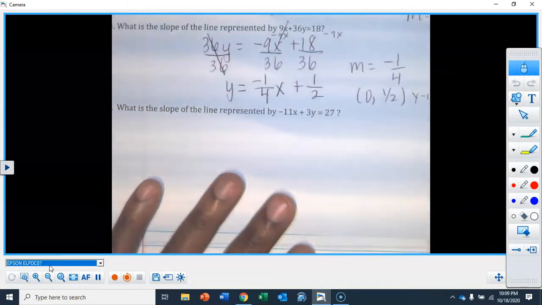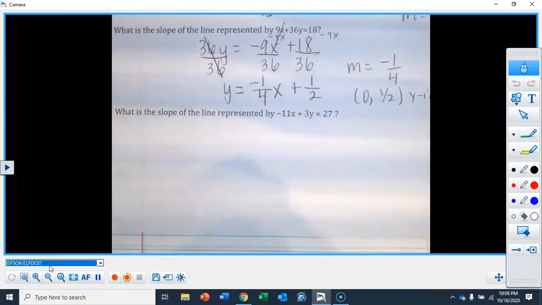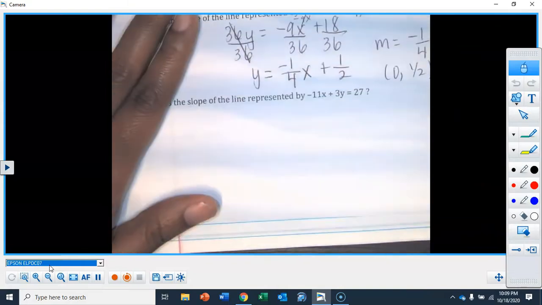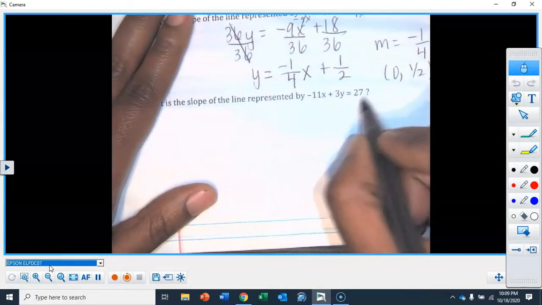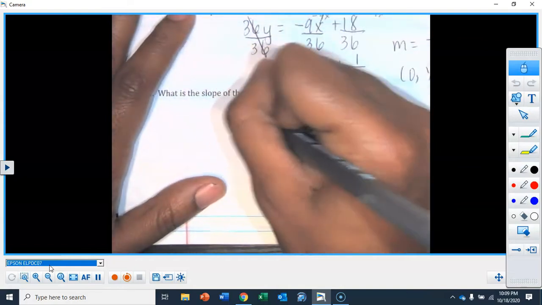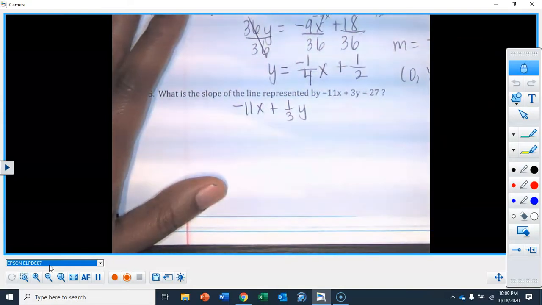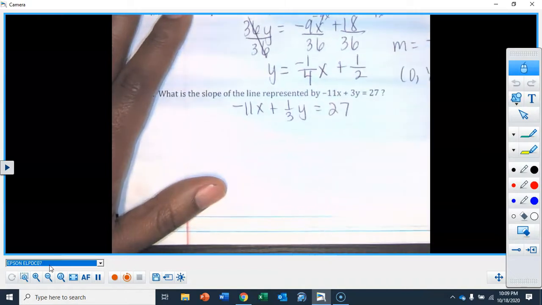Okay, so for this last one, we've already done it in class, but I'm gonna make one up, you guys, and I want to show you when there's a fraction. Okay, so let me just modify this. So let's make this negative 11x plus 1/3 y, okay, equals 27.